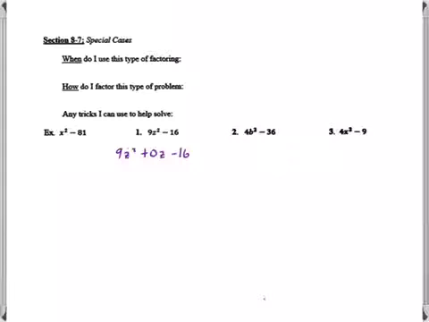Now we're just going to use slide divide factoring. So we're going to take the leading coefficient and we're going to slide it back. In this case, we get z squared plus 0z minus 144. Factors of negative 144 that give us 0, well, that's going to be negative 12 and positive 12.